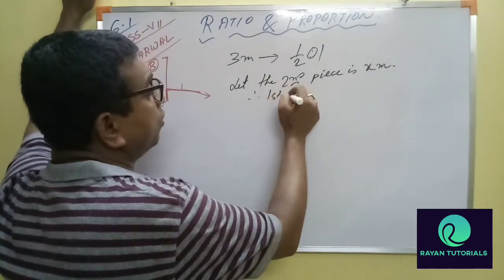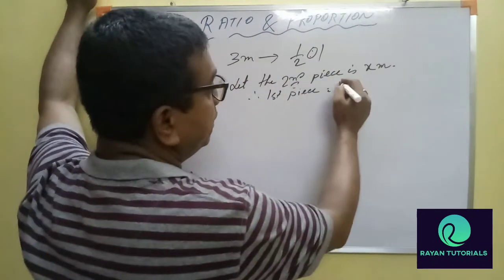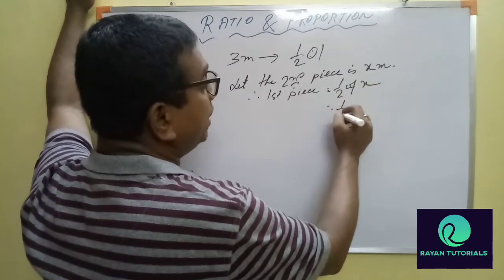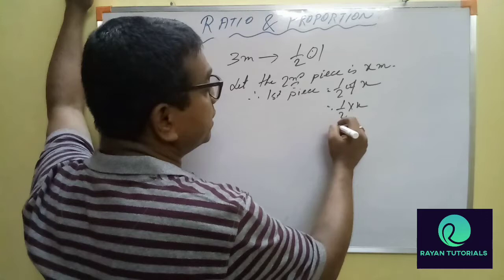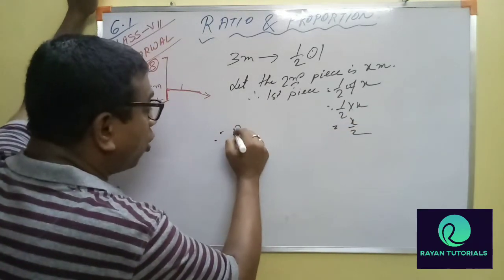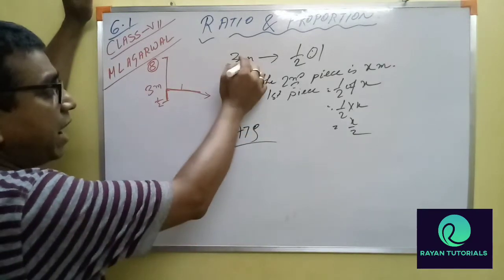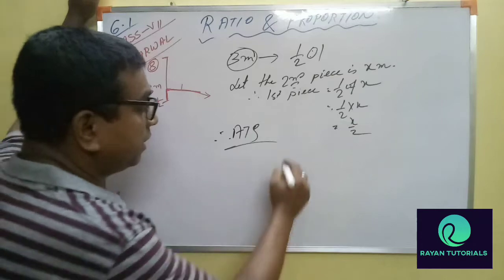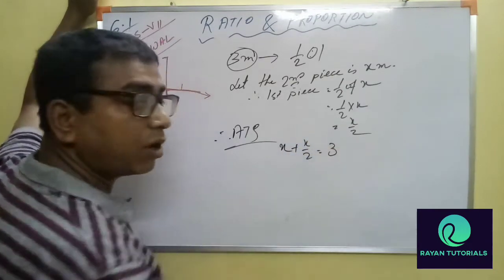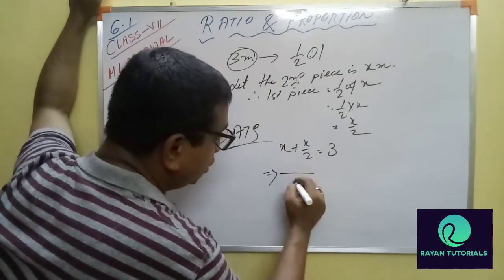Therefore, first piece will be half of the second, means half of second. Now what does of mean? Into x, that means x by 2. Therefore, according to my question, these both pieces were 3 meter, that means x plus x by 2 is equals to 3.